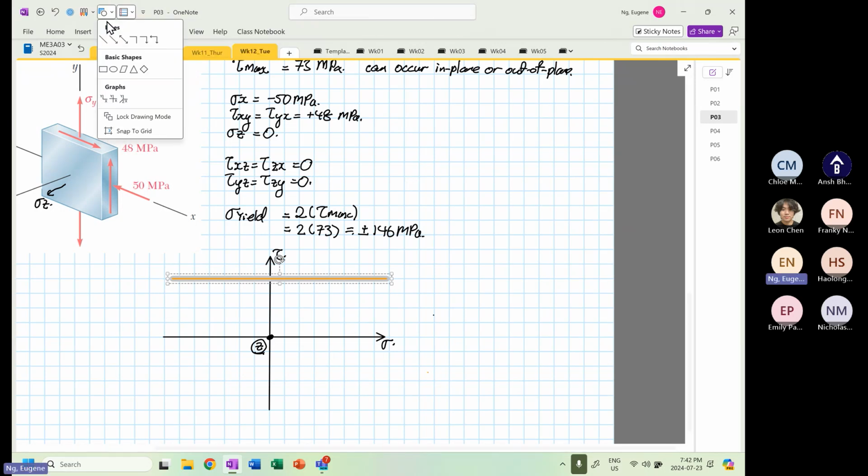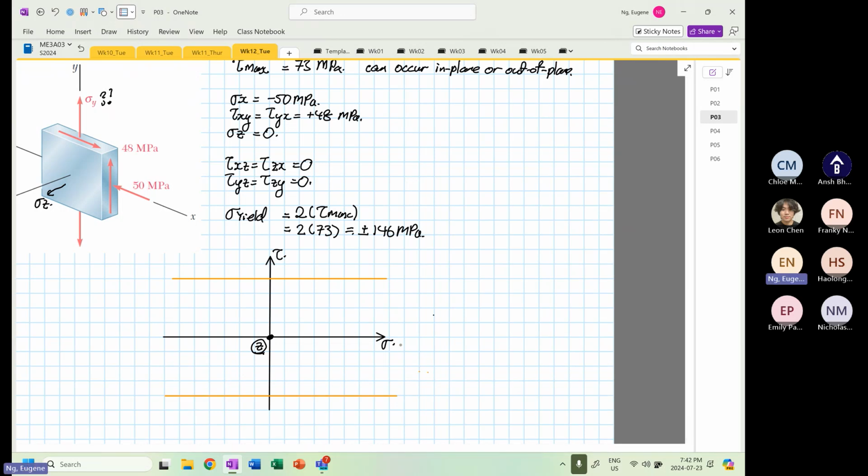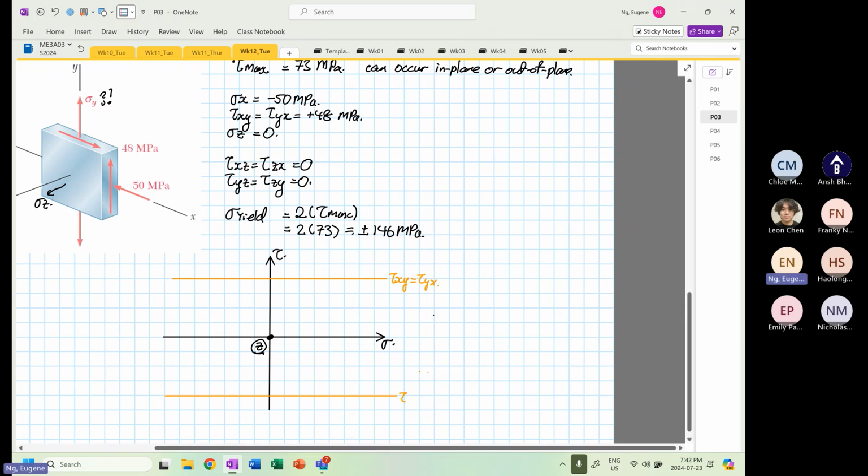We have one line here, we have another line here. And we know that this over here is equal to our shear xy, which is equal to shear yx, and this is also our shear xy equal to shear yx.